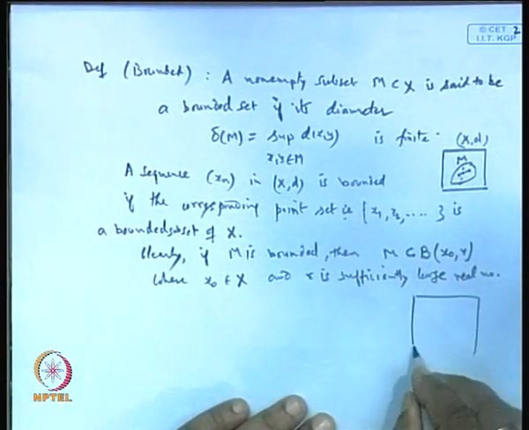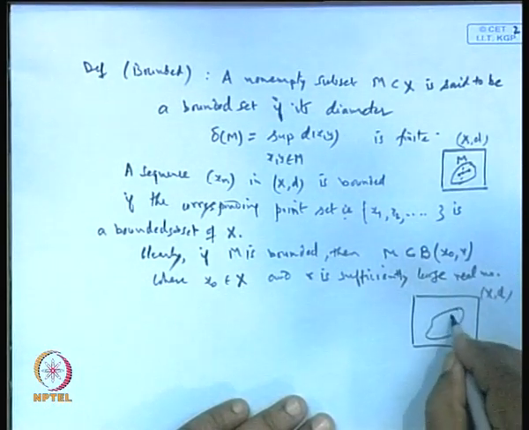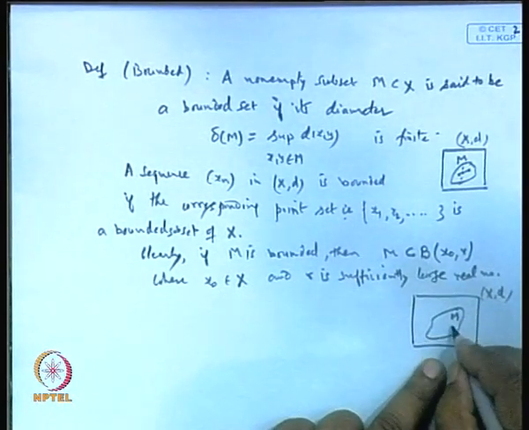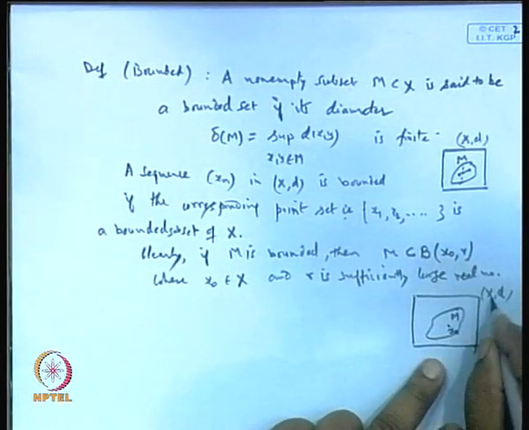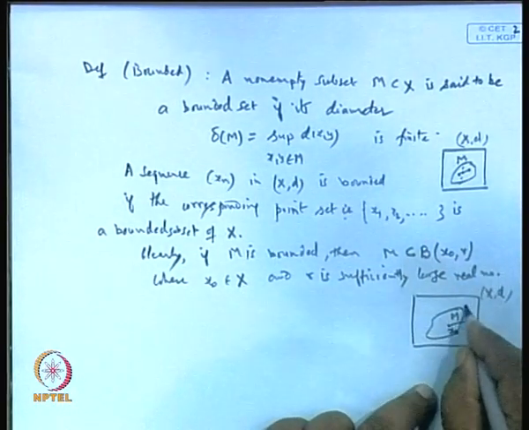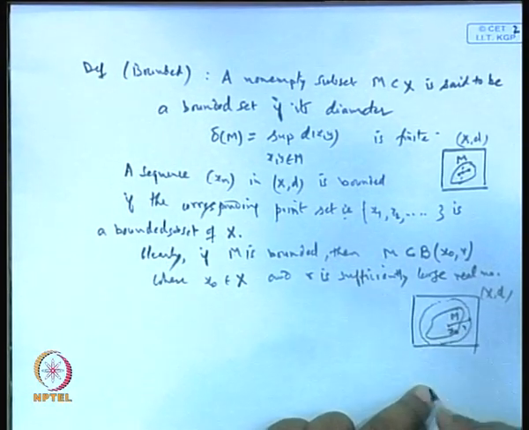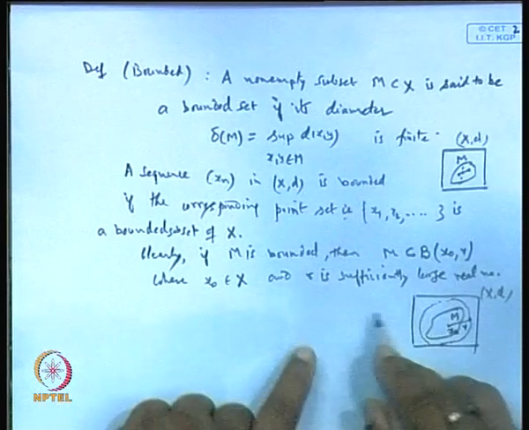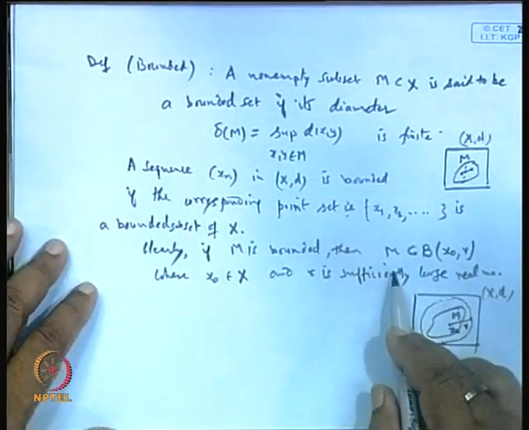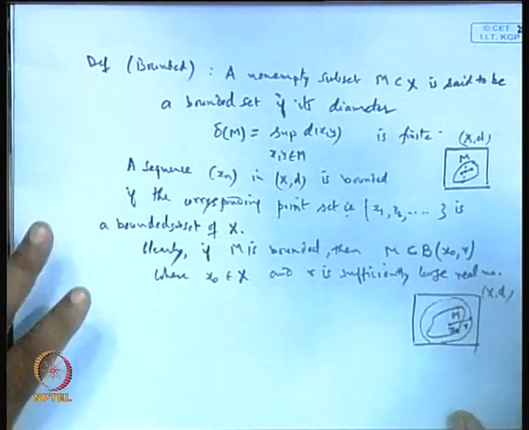If we have this metric space (X, d) and this is our set M, and the set is bounded, it means that if I pick an arbitrary point x_0 in X, then corresponding to this point we can always find an open ball centered at it with a suitable radius r, such that all the points of the set M are points of this ball. Then we say the set M is a bounded subset of X.